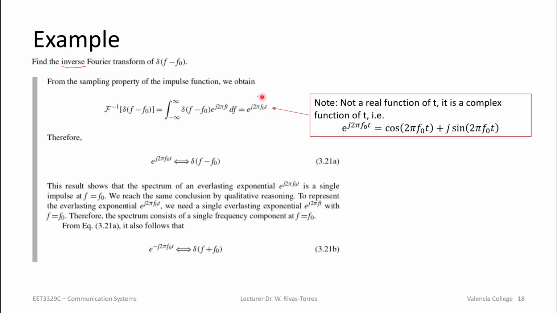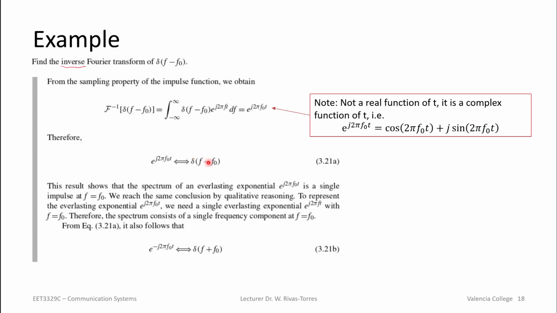This is actually a complex function, with a real and an imaginary part. How do we know? Well, again, Euler's identity: e to the j 2 pi f0 t ends up being cosine, which is the real part, plus j times sine of the argument, which is the imaginary part.